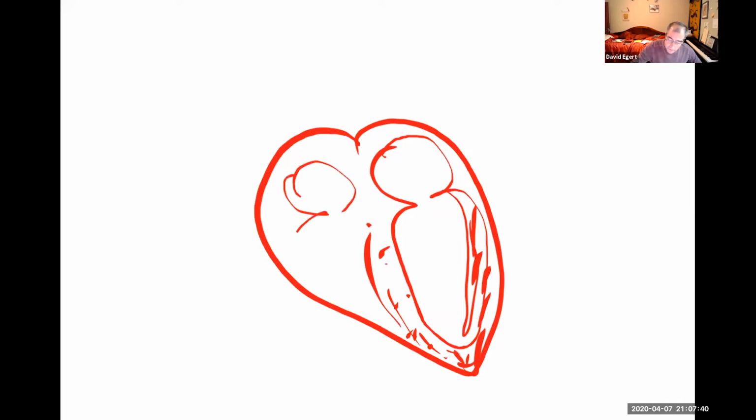We saw, remember, the left ventricle has much thicker walls and also tends to go more down all the way to the apex. The right atrium and ventricle are not as beefy here. We have much thinner walls with the right ventricle.